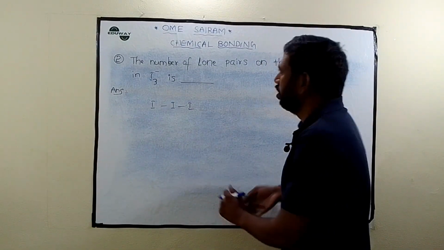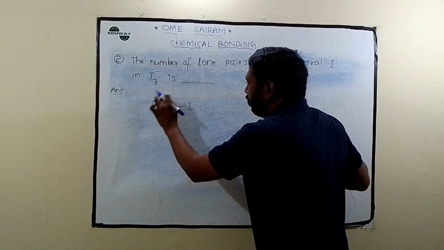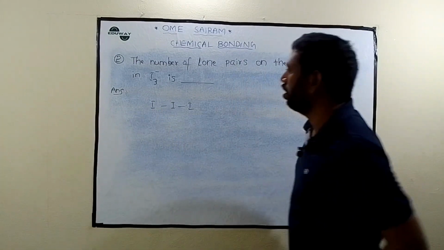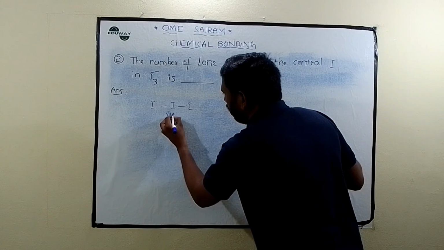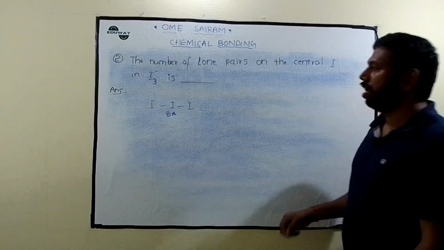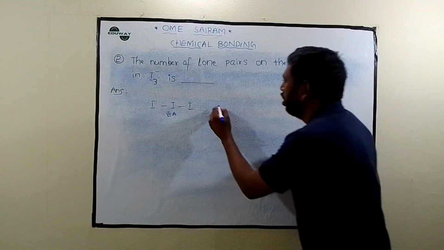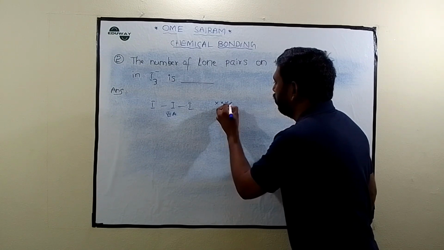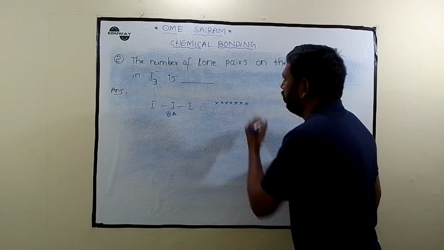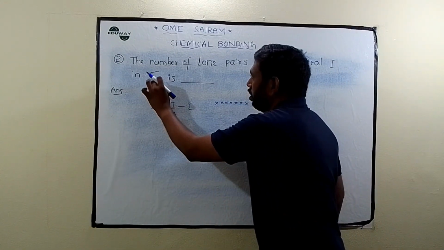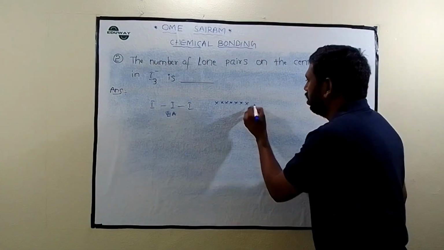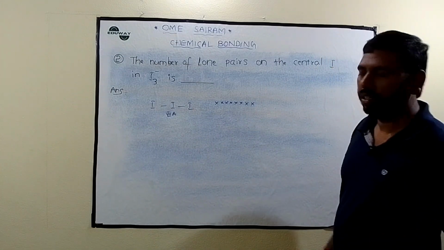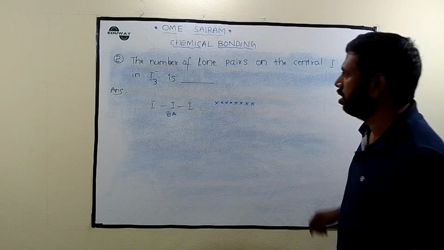What is the group number of iodine? It belongs to the 7A group, which means it contains 7 valence electrons. And in I3 minus, the central atom has 1 excess electron. So a total of 8 electrons are there.